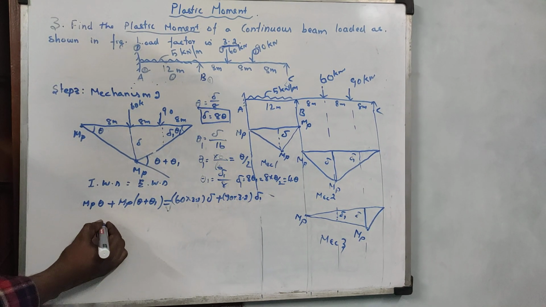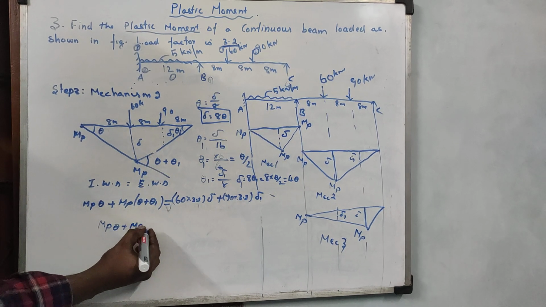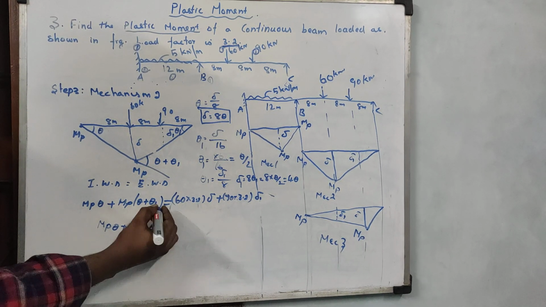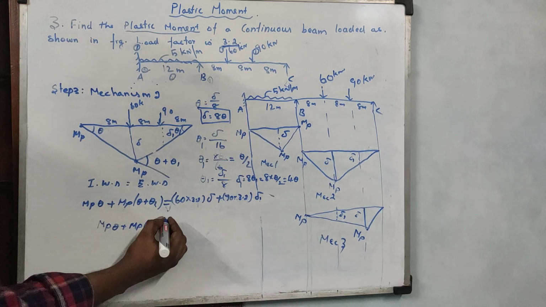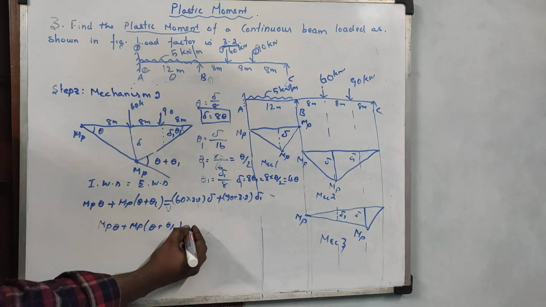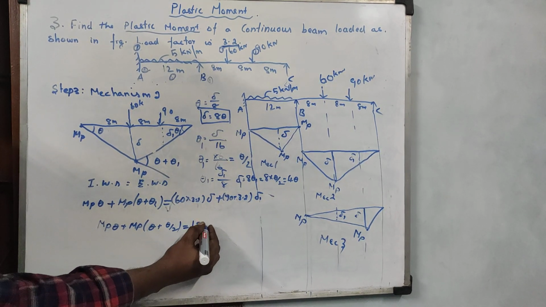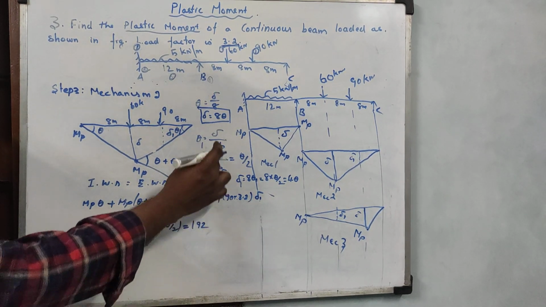So MB theta plus MB into theta plus theta 1, where theta 1 equals theta by 2, equals 60 into 3.2, it is 192, into del. What's the value of del?